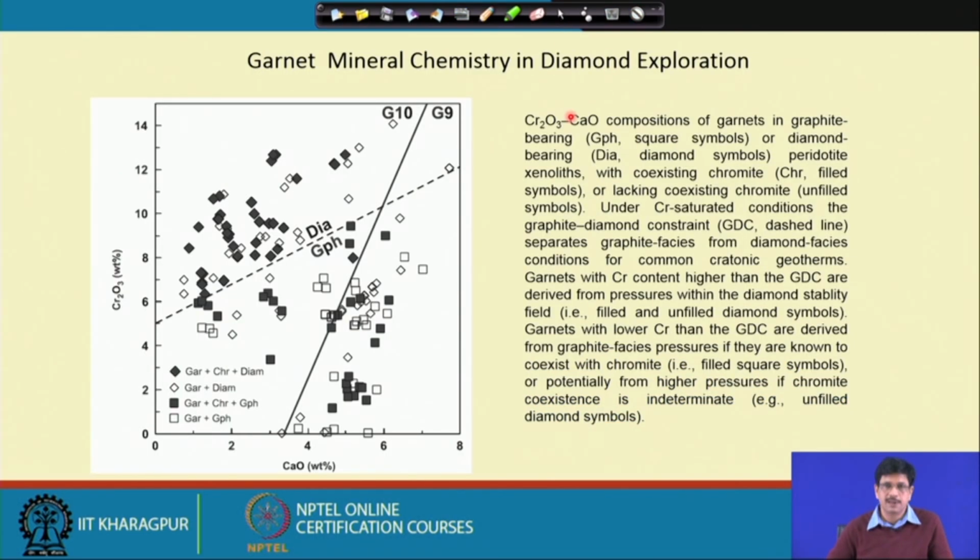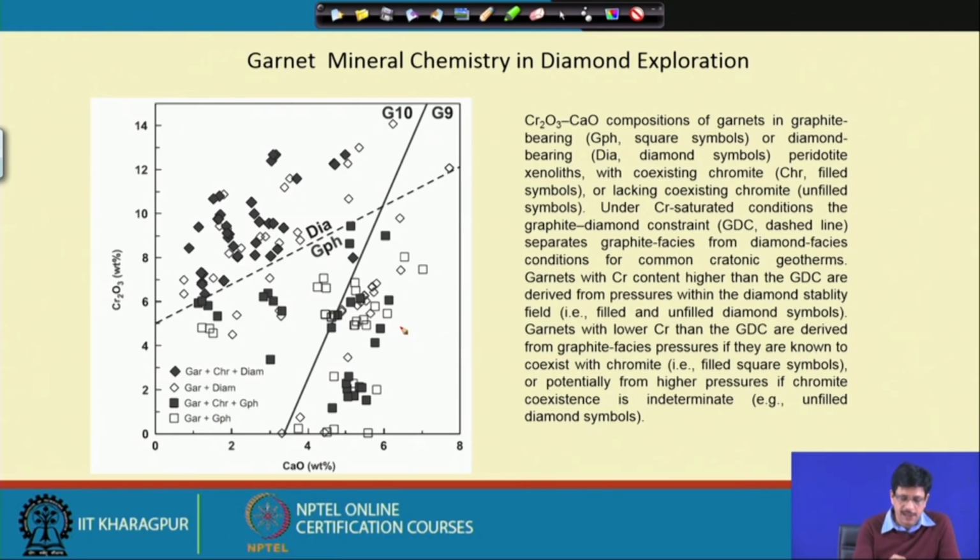So, this is the diagram which is the most important and gives us the conclusive idea. This is a plot which shows that there are lots of such garnet grains which are recovered from the stream sediments through the process that is described, and the garnet grains are analyzed.